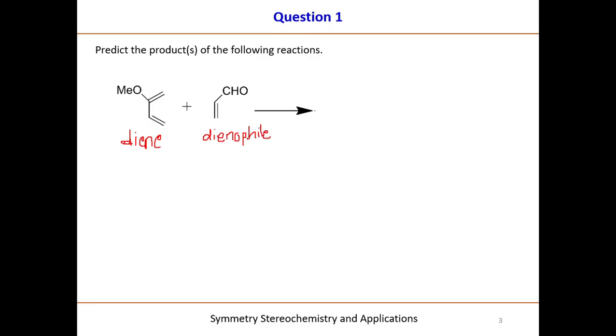But what's the difference between this example and the previous one? In the previous example, we had the electron donating group at the first carbon position, but here we have it at the second carbon. So what will be the product?